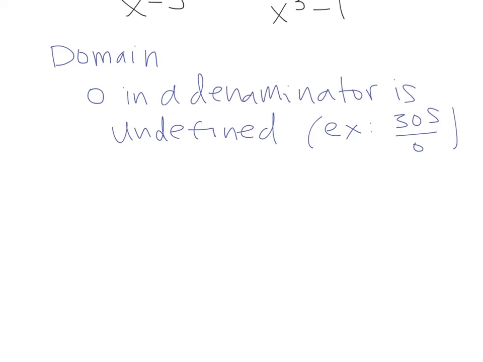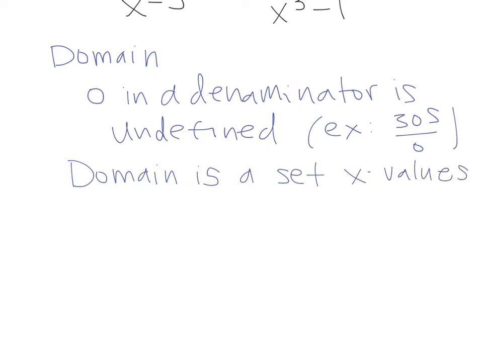Okay, so the domain is the set of x values, or values that x can take on, or whatever the variable might be that's in the polynomial in the denominator, that make the rational expression defined.